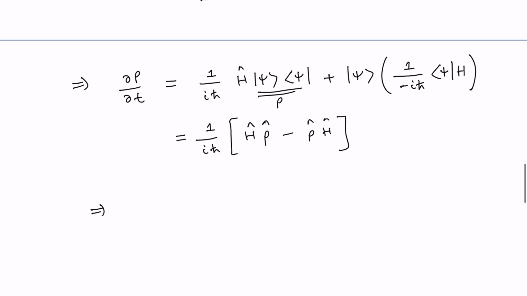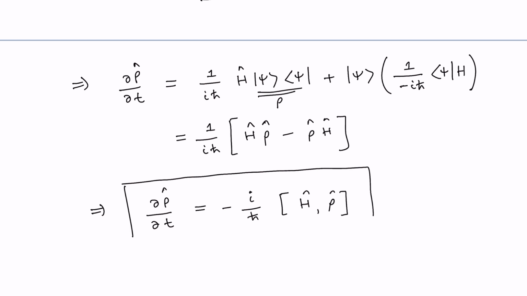And this whole thing, as you can see, I can write as ∂ρ/∂t. Actually this is an operator, so let me put the operator sign. ∂ρ̂/∂t is equal to minus i by ħ, and this is the commutation relation between H and ρ. Okay, so this is how for an isolated system the density operator evolves with time.